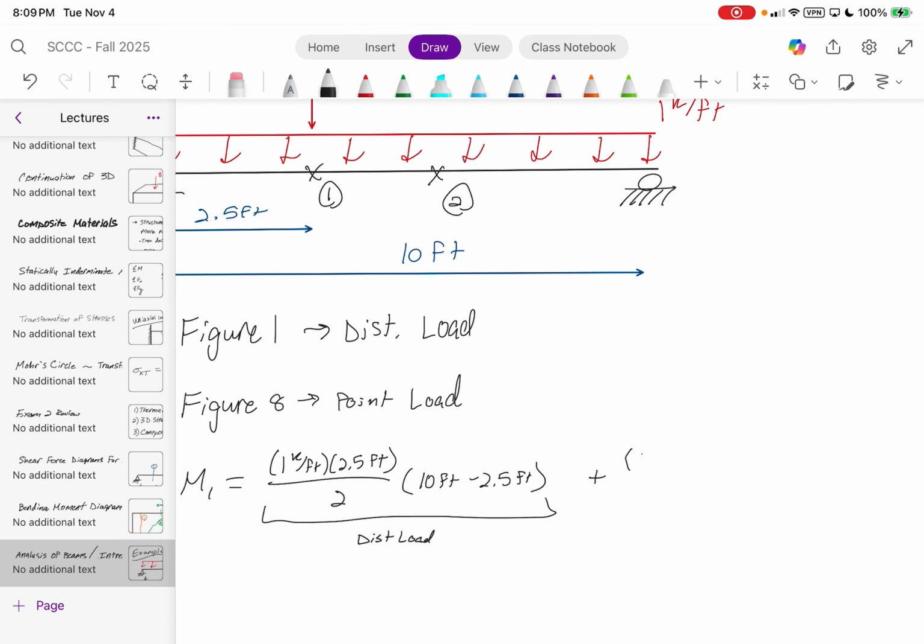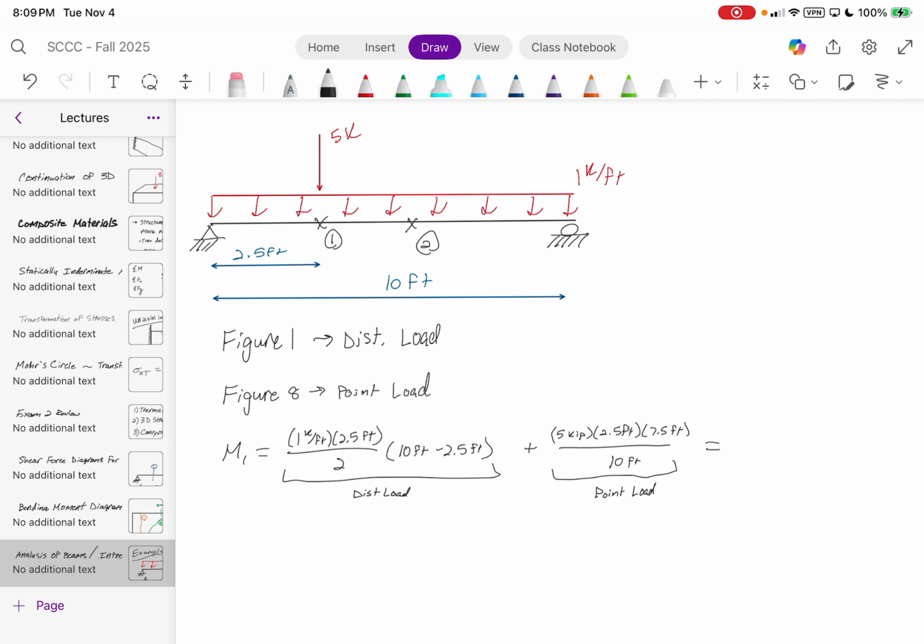So our point load now becomes 5 kips times a, which is 2.5 feet, times b, which is 7.5 feet, divided by the total length of 10 feet. And this is for the point load. So the bending moment at point 1, let me do the checks really quickly.